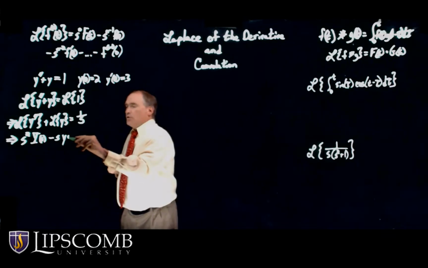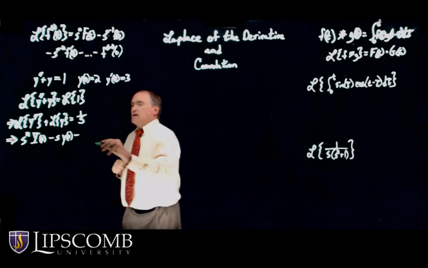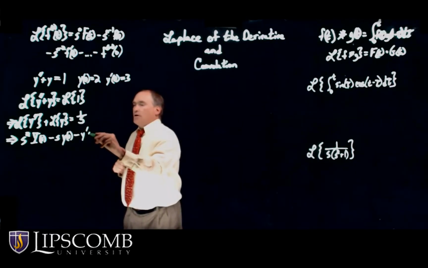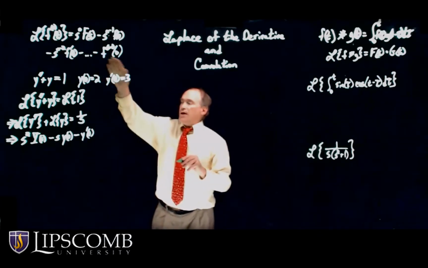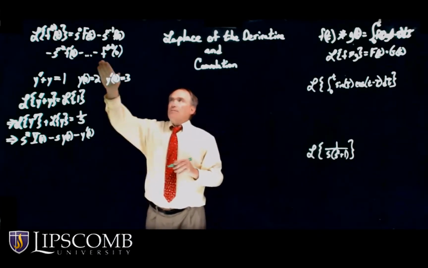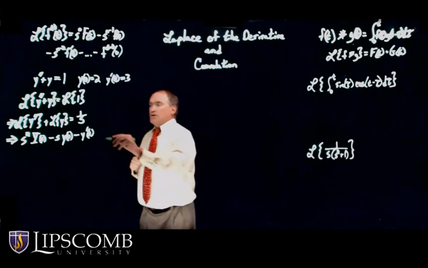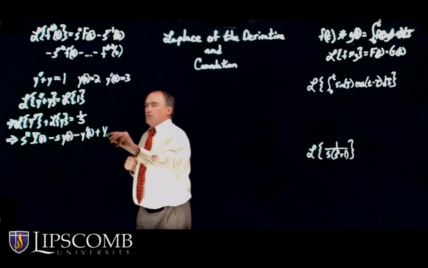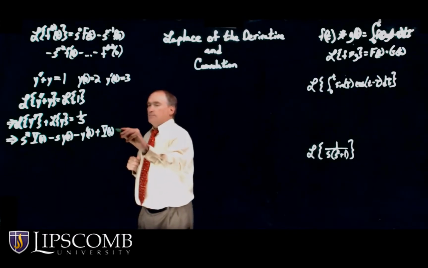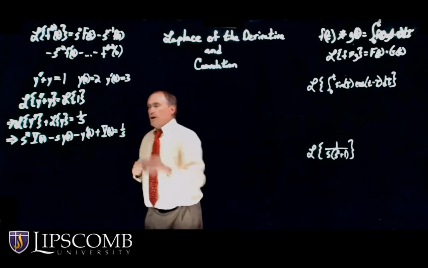So I'll just go ahead and put y of 0 minus y prime of 0. Notice there is no s on this last one. Then plus the Laplace of y, which again is capital Y of s, equal to 1 over s.